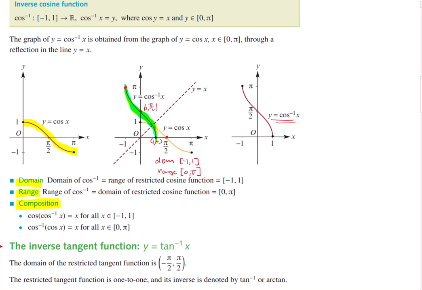And the reason for that is, if we're doing this, it's like doing an f of g of x. So the domain of the composite function is the domain of the part in the bracket. So the domain of that is -1 to 1. All right, if you do it the other way around, so if you start with cos x and then do cos to the minus 1 of it, it will be x, but remember the domain will be whatever the domain is for cos x.